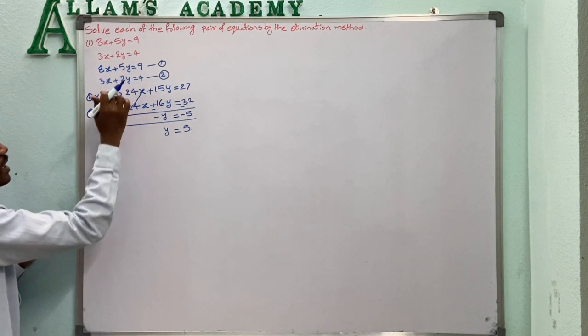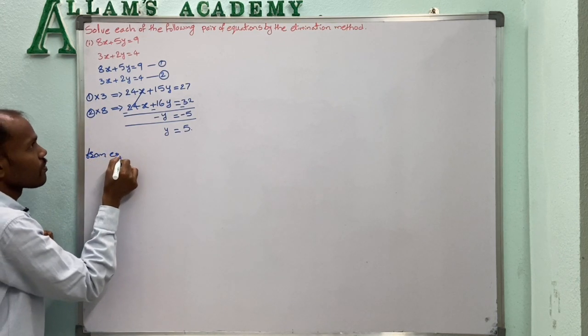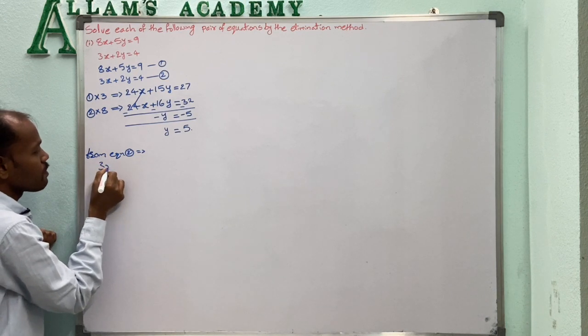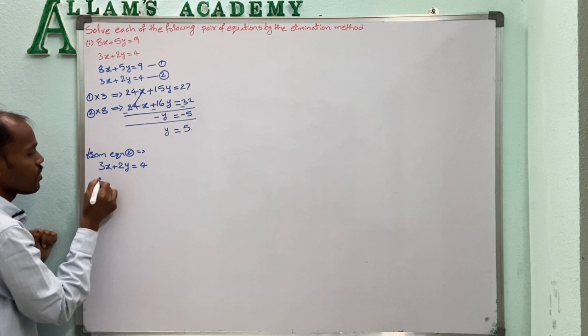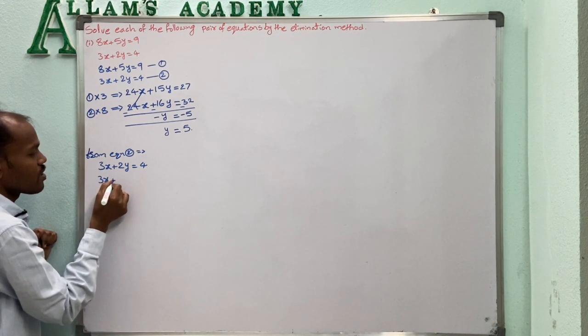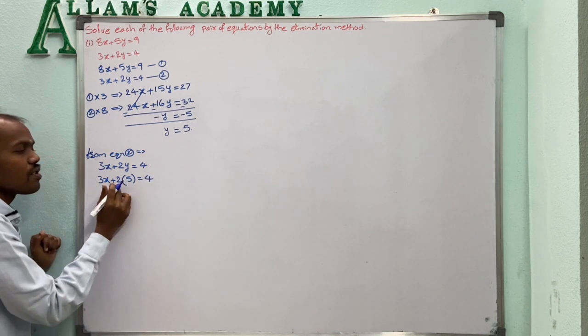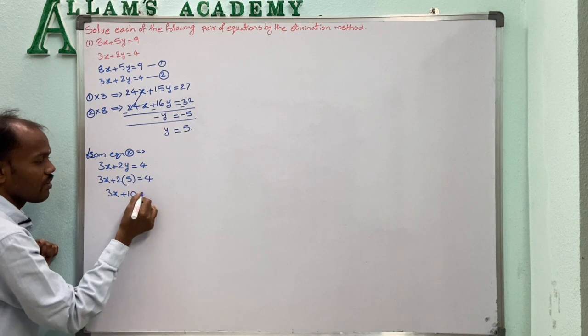If I am substituting in equation 2, from equation 2, 3x plus 2y equal to 4. So 3x plus 2 into the y value, 5, equal to 4. So 2 fives are 10. 3x plus 10 equal to 4.